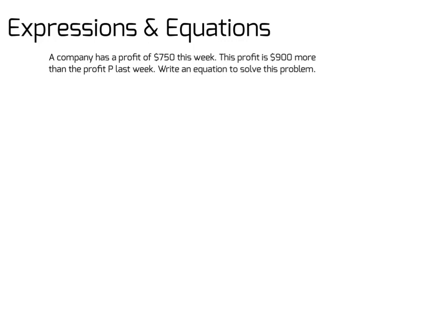So this profit, which is $750, that's important, is 900 more than the P of last week. I don't know last week's profit, so it's represented by this P. So I know that this week's profit was $750.